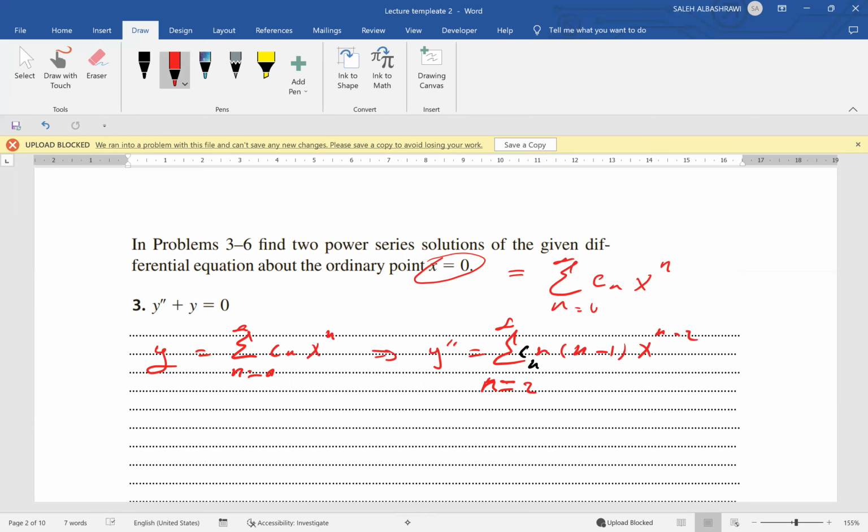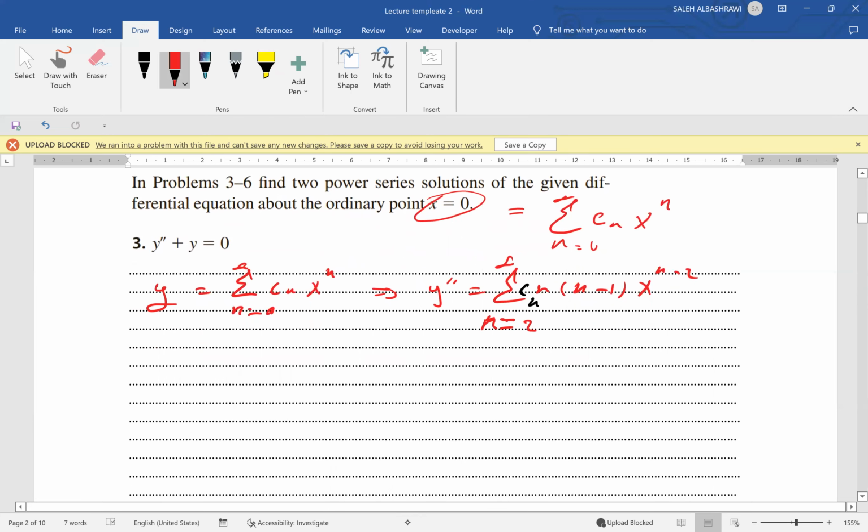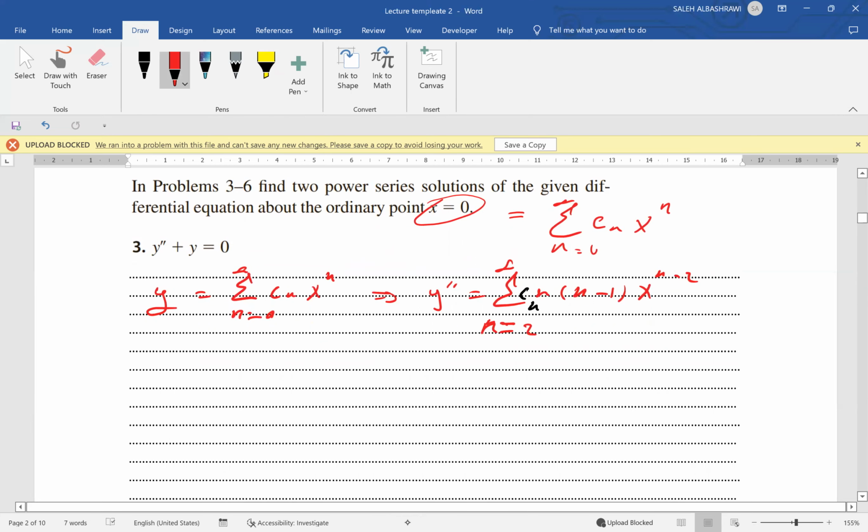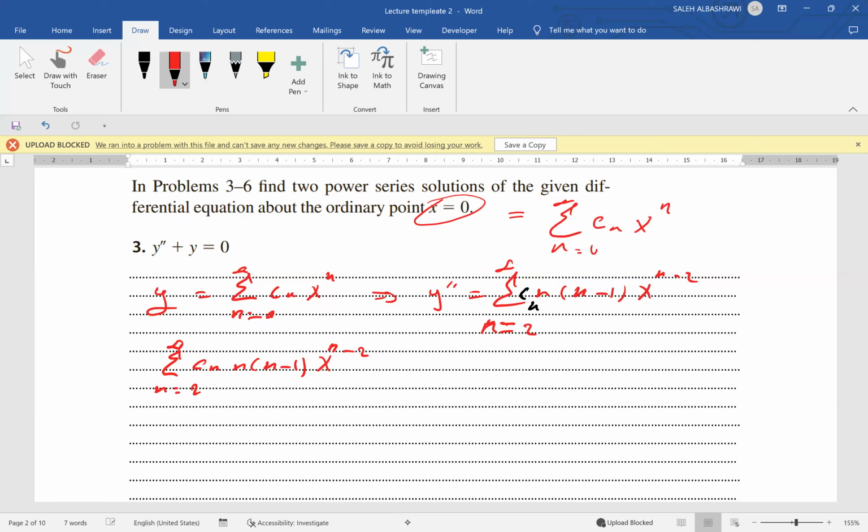So if we plug these two forms in the equation, I will have the second derivative written as sigma of c sub n times n multiplied by n minus 1 x to the power n minus 2, with n from 2 to infinity, plus y, which is sigma n from 0 to infinity c sub n x to the power n, equal to 0.